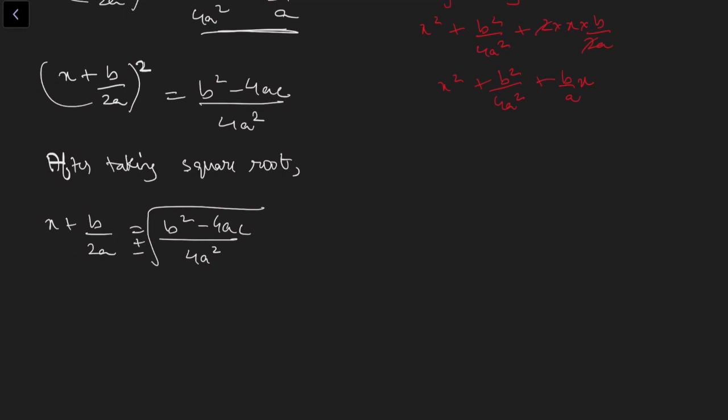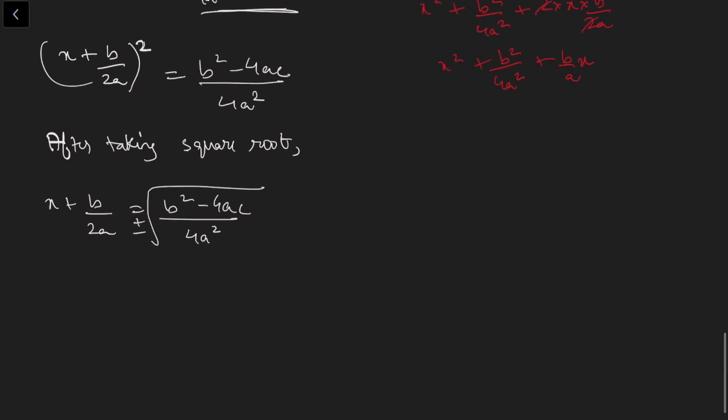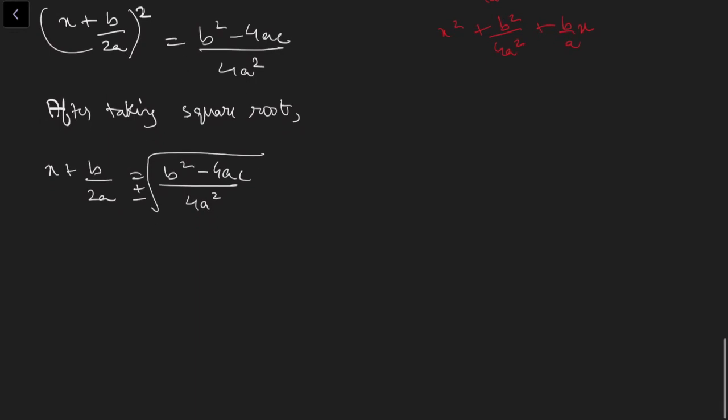And also don't forget to write the plus or minus, because you can have two roots of a squared term, negative and positive. And here we can see that we can simplify this 4a square by taking it under the root. So then we're going to have x plus b by 2a is equal to plus or minus root of b square minus 4ac divided by 2a.